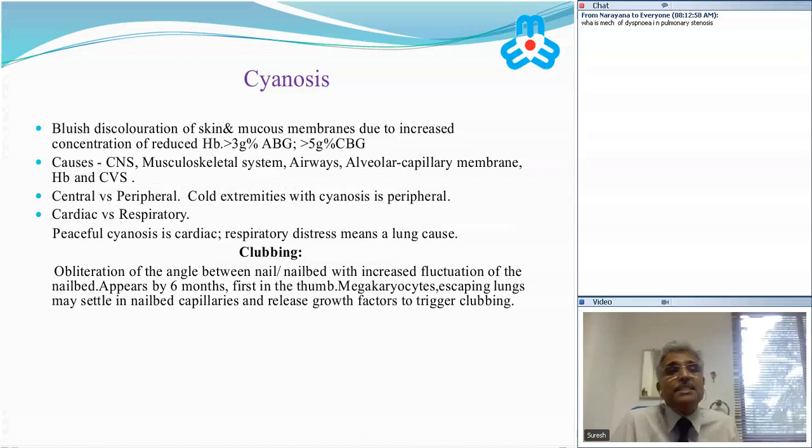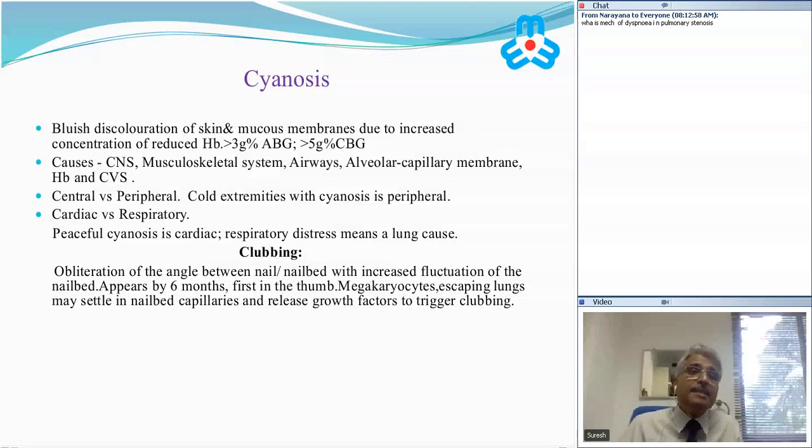So the distinction of central versus peripheral is mainly, are the peripheries cold? Simply in neonates and small infants, exposure to cold itself may be a cause for peripheral cyanosis. In older children and adults, it is generally associated with shock. When there is hypotension and there is peripheral vasoconstriction, that may be the underlying factor for cyanosis.